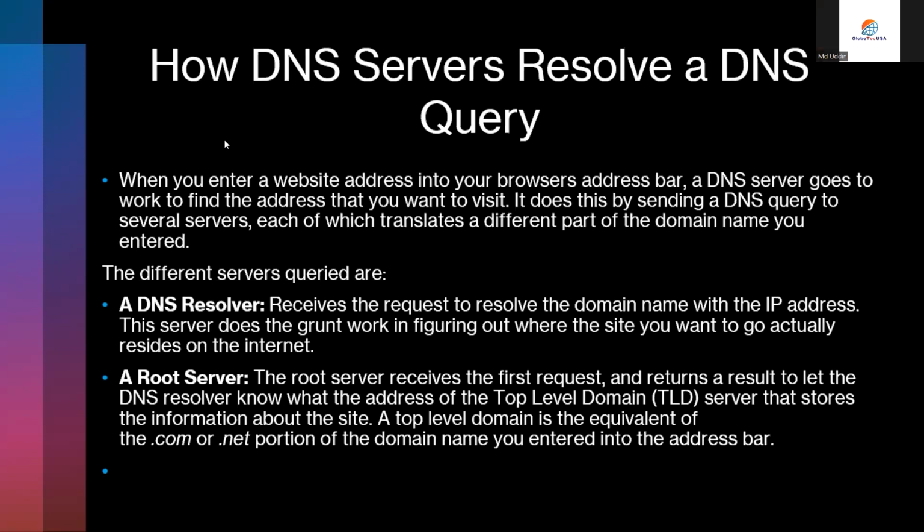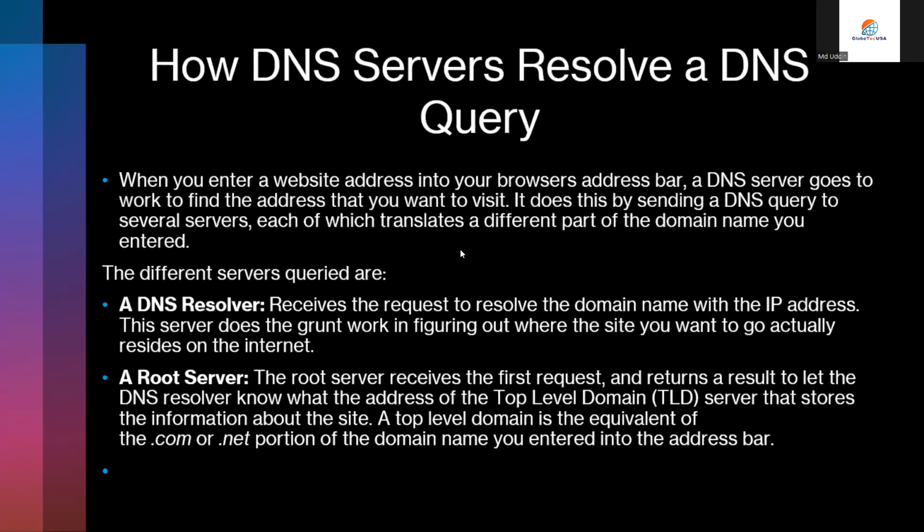So how do DNS servers resolve a DNS query? When you enter a website address into your browser address bar, the DNS server goes to work to find the address that you want to visit. It does this by sending a DNS query to several servers. Whenever you write a domain name, the DNS server sends this request to several servers because it doesn't know which server has that information.